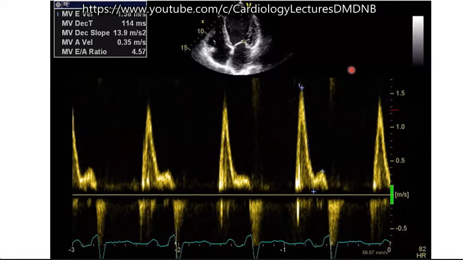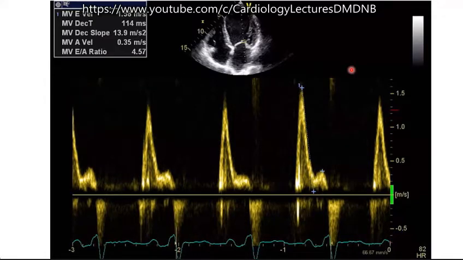So to diagnose a restrictive pattern, the duration of the AR reversal minus duration of the A wave across the mitral valve should be equal to or more than 30 milliseconds.